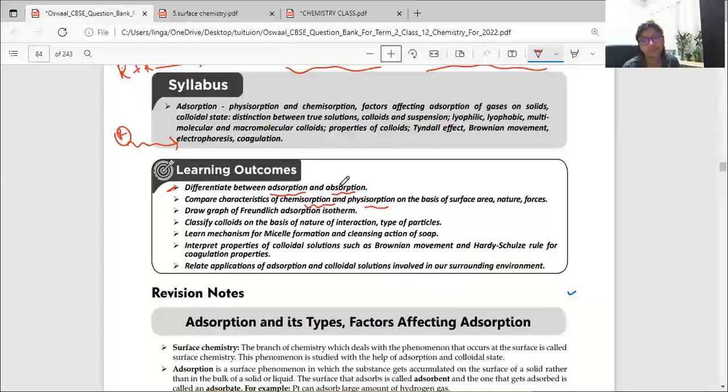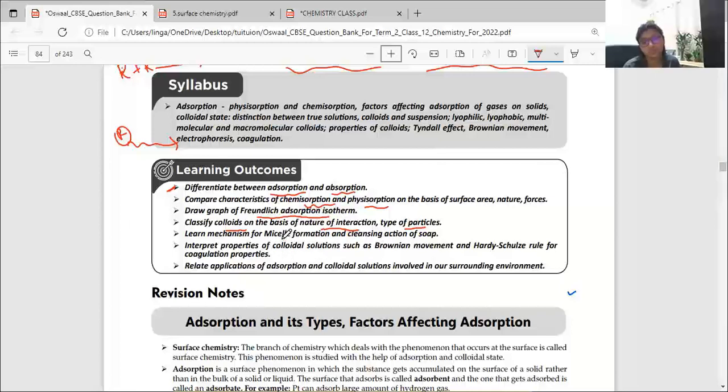What are adsorption and absorption, their differences and definitions? Chemisorption and physisorption, what are the differences? Then draw the graph of the Freundlich adsorption isotherm. Classify colloids: what are colloids and the classification of colloids, by nature of interaction and type of particles.